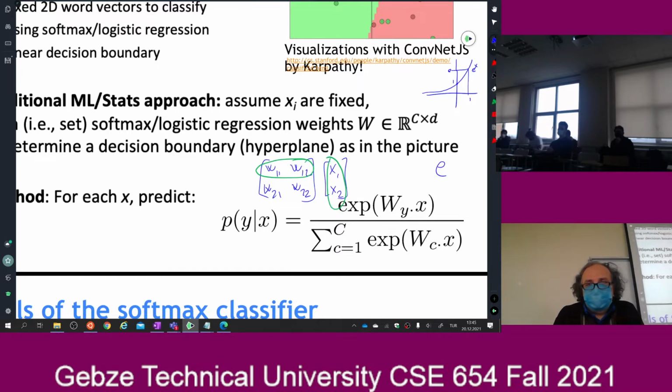Didn't they sum it down for all C's? Yeah, this one is already included somewhere for some C value, right? That's why it could be at most equal. In that case, it would be 1.0. Otherwise, it's going to be less than the denominator, the total of it. So it behaves like a probability estimation.